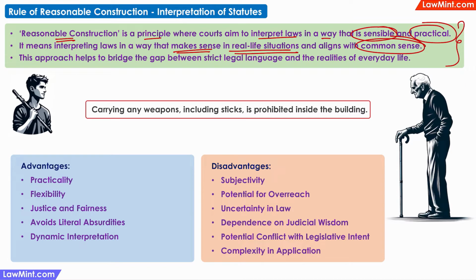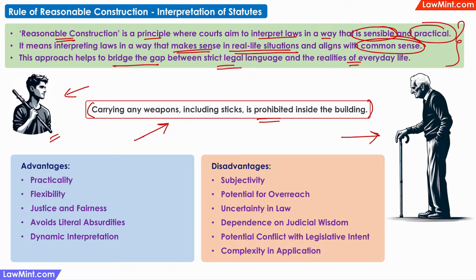This approach helps to bridge the gap between strict legal language and the realities of everyday life. For example, suppose there is a statute which says that carrying any weapons, including sticks, is prohibited inside the building. Now, this man is carrying a stick that can be considered a weapon, and this should not be allowed inside the building, especially since there is no important reason for him to be carrying the stick.